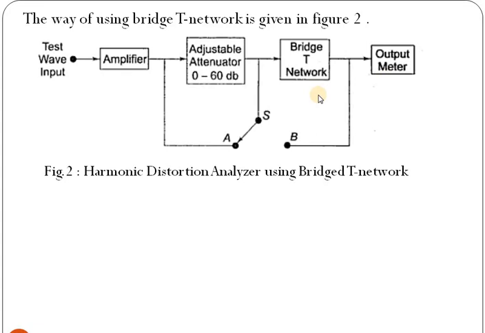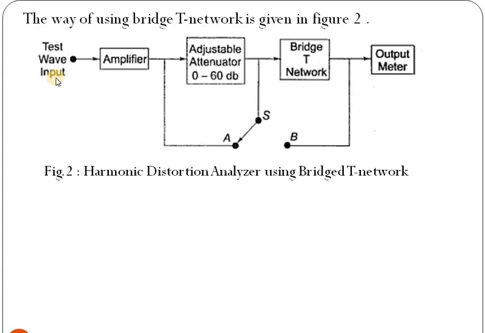Now consider this application. First of all, this test phase signal is applied to the amplifier. Now this amplifier will amplify the signal, later it is given to the adjustable attenuator, which will attenuate the signal to the desired amplitude level. Now the position of the switch S is connected to A. This will avoid the adjustable attenuator circuit.